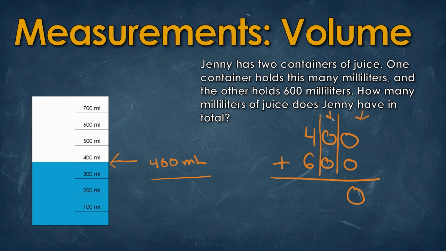Adding the middle column, we have a 0 plus 0. And on the left, we have a 4 and a 6. So if we do sticks, that'd be 1, 2, 3, 4, 5, 6, plus 1, 2, 3, 4. If we add that up, we have 1, 2, 3, 4, 5, 6, 7, 8, 9, 10. So we could put a 10 there. So in total, Jenny has 1,000 milliliters.